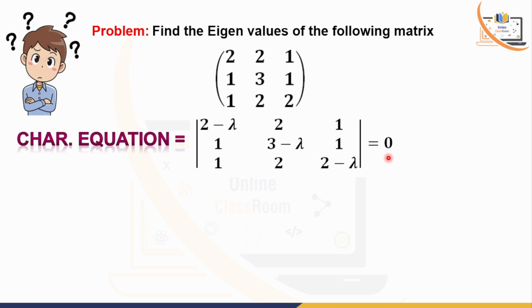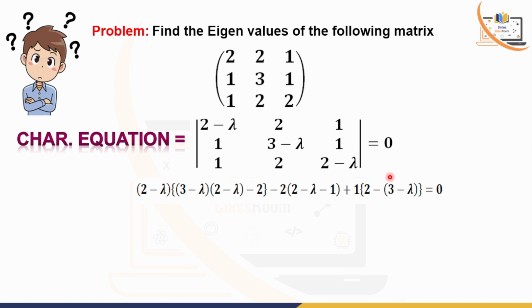So obviously the next step is to expand. If you expand the determinant using our determinant expansion rule, we get this particular equation. If I solve or simplify it, we get 1 minus lambda into lambda square minus 6 lambda plus 5 equal to 0.